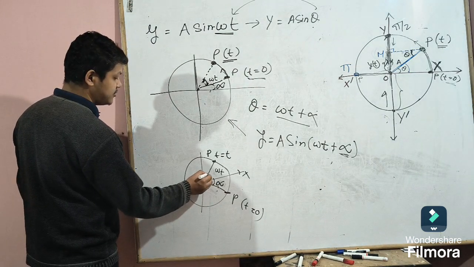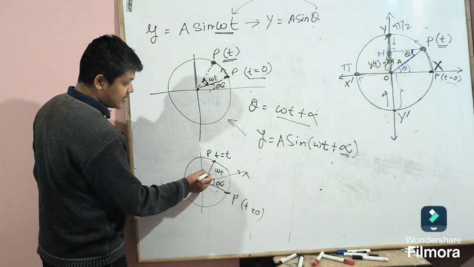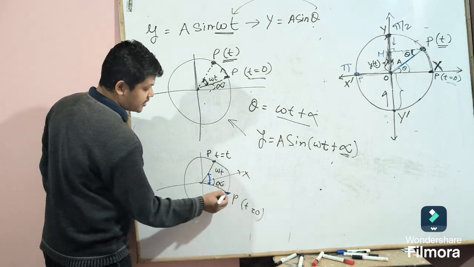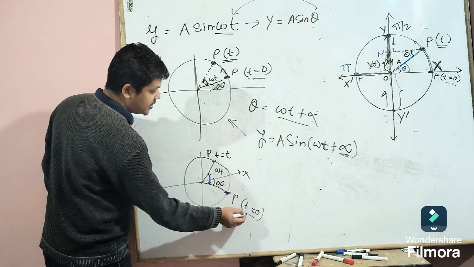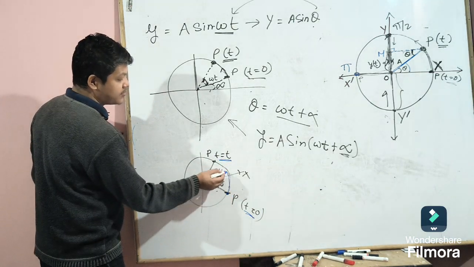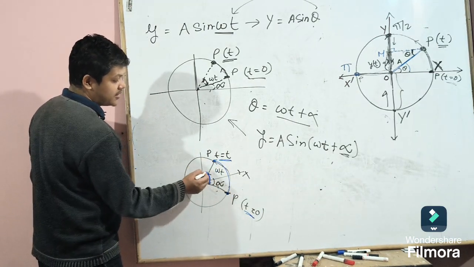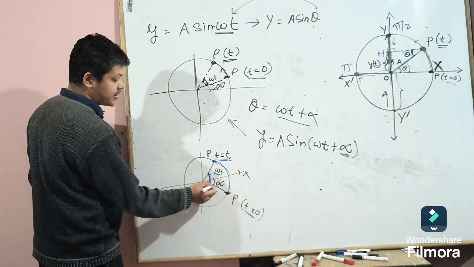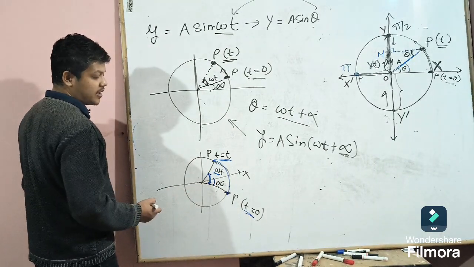This angle is omega t, because at t is equal to 0 the particle is at this position and it takes time t to reach this position. So this angle must be omega t, and this angle is suppose alpha.